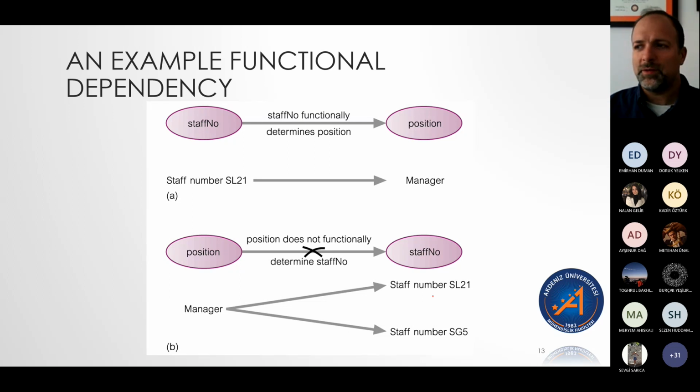Is that clear? Is there anybody that's confused by what we've said here? If I know the position is manager, I can't say therefore that it must be this person. So let's say, for example, here at this university, if I know the employee number of Meli Hoja, I can say that's a Bolum Bashkanan, a chair of a department.